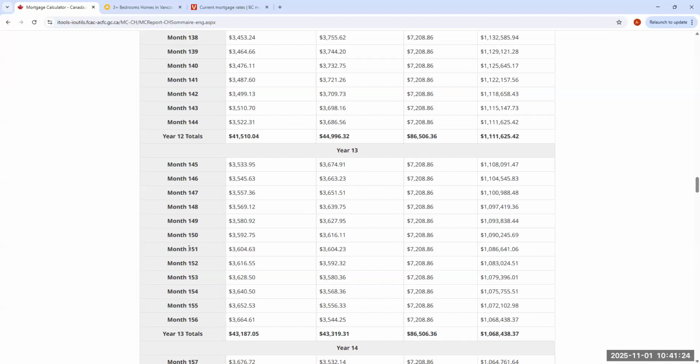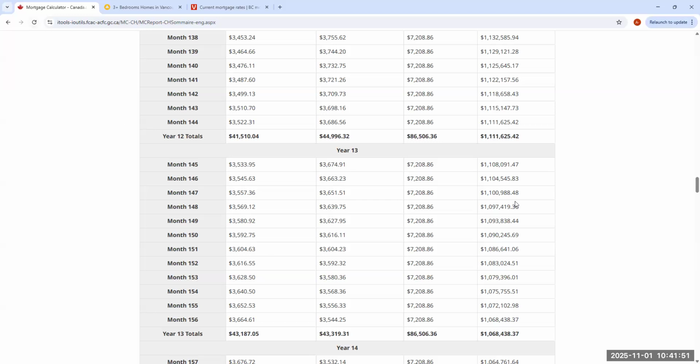After 13 years, 150 months from now, from the amount that we pay, what you're allocating to the interest and the principal is going to be equal. After that point, we're going to pay more principal than interest. So it has to take 13 years.